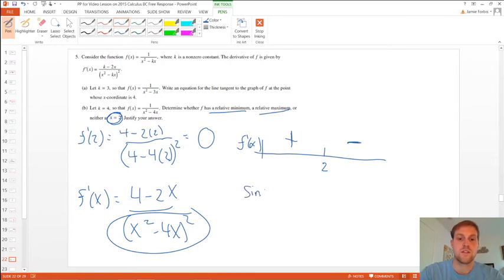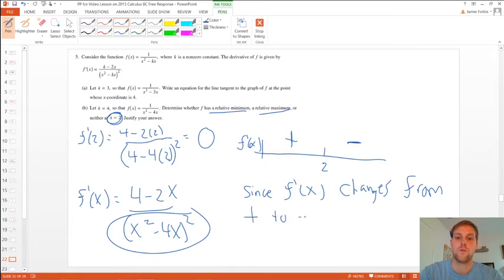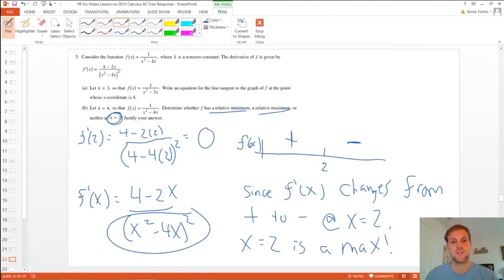So since f prime of x changes from positive to negative at x equals 2, then x equals 2 is a max. Okay, so that wasn't too bad. That was just going along the first derivative test, pretty much.